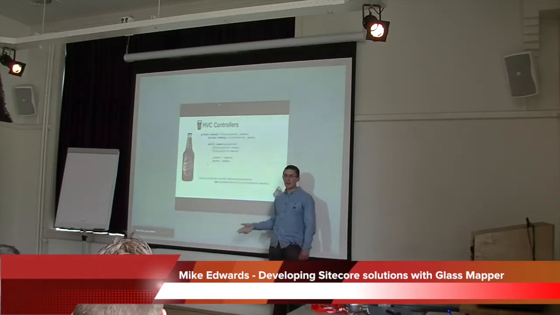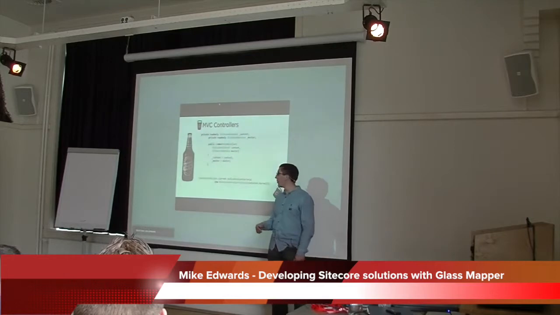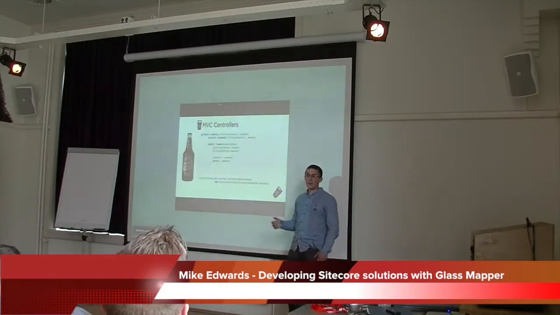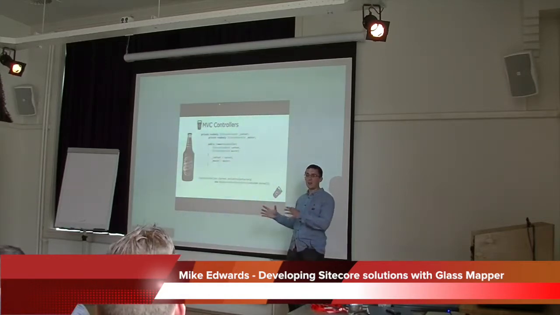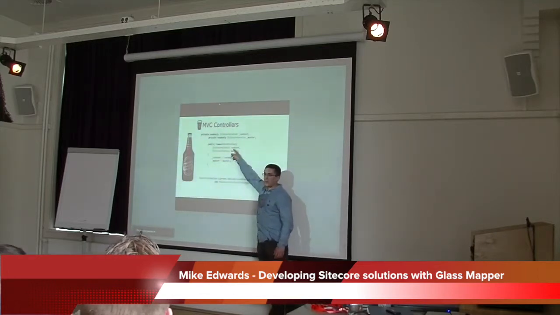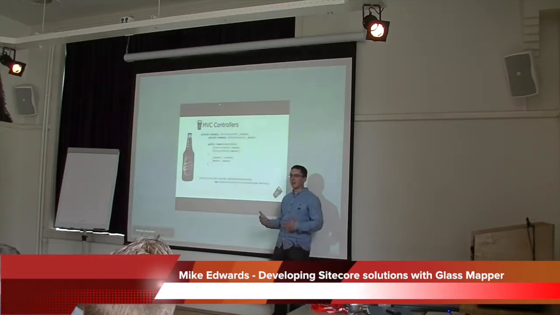If you want to use AutoFac or Ninject or SimpleIoC, there is a blog post that explains how you can make that work with Glass. And it's very simple. What you can mostly do is just say, right, Glass is going to be using Castle Windsor. I'm happy with that. I'm going to leave it using Castle and just assume it's part of that framework. And then I'm going to use SimpleInjector or something else over here, and I'm just going to pass it in these two, and then they will all instantiate correctly, and they'll just play nicely together.